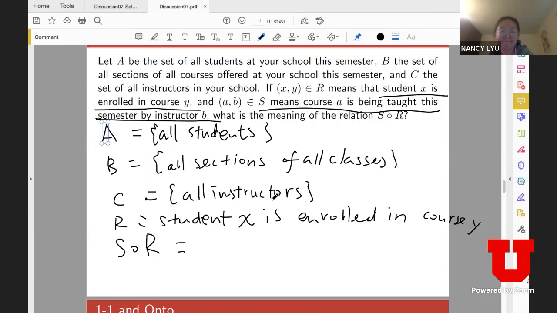Anyone? You would just need to combine the S and R basically.